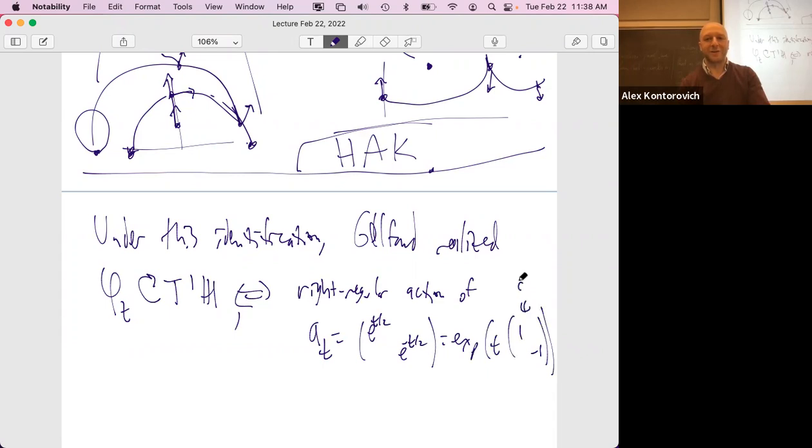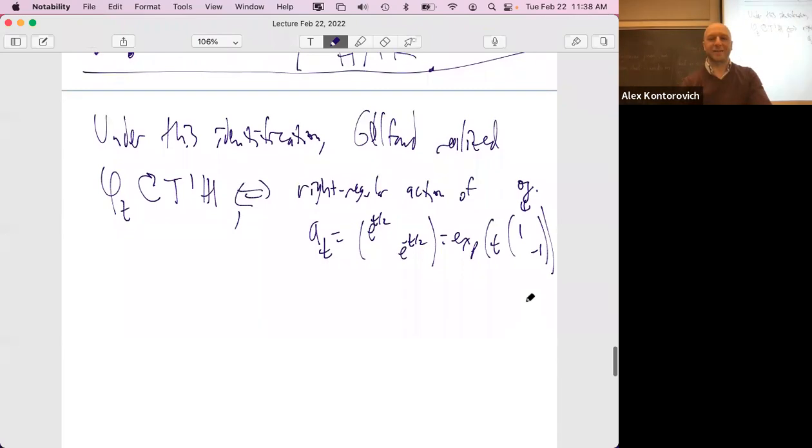This is an element of the Lie algebra. Have we talked about Lie theory? I can't remember. No, okay. All right, I'll just leave that there. Never mind. The right regular action of this on G itself. So under this identification. Okay, why is that true?